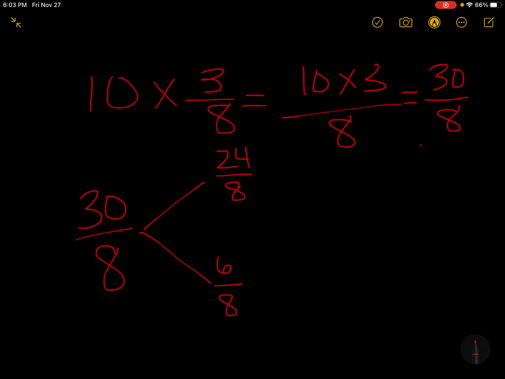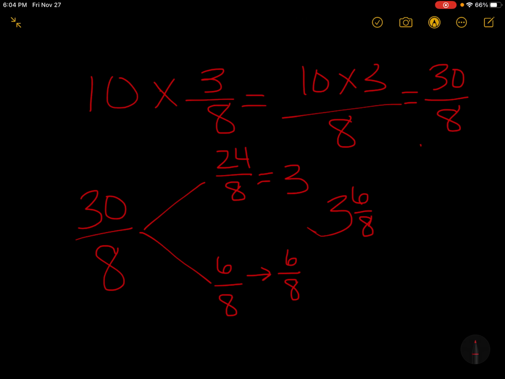I know that 24 over 8 actually represents 3 wholes. And 6/8 just stays the same for now. Let's put them together to be 3 and 6/8. However, 6/8 can be simplified.